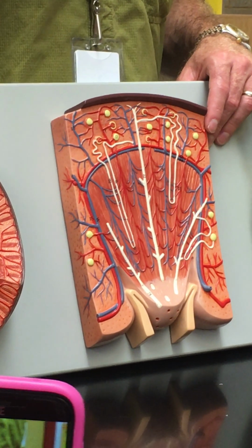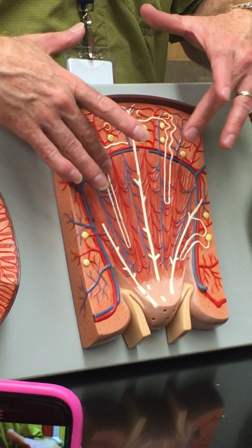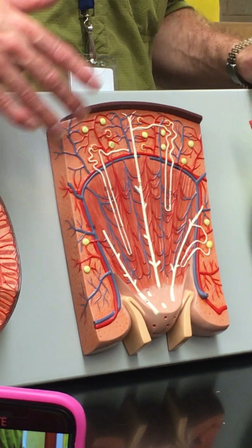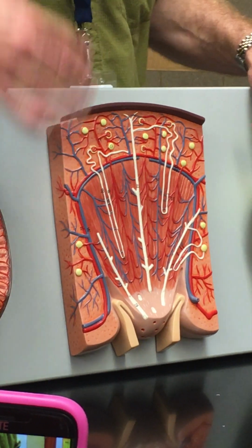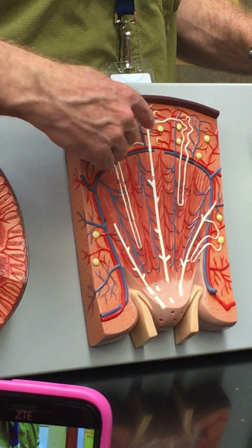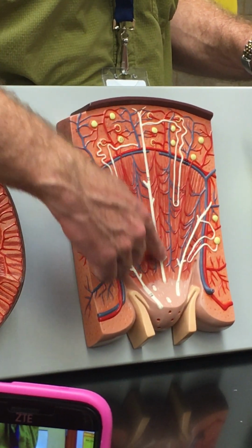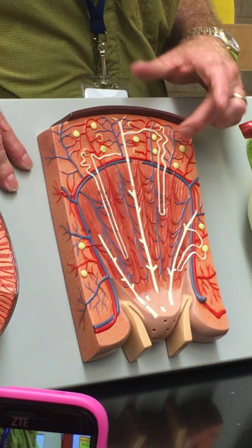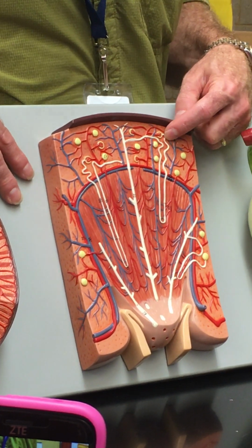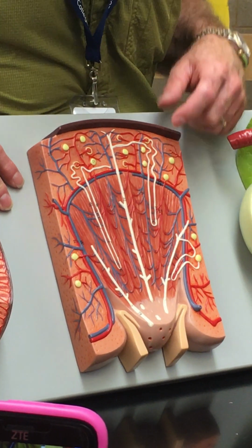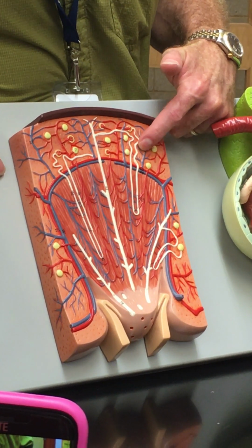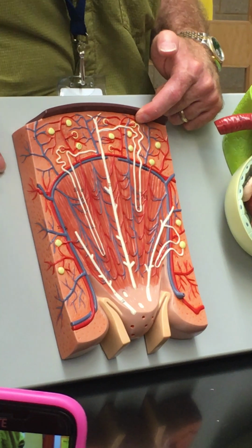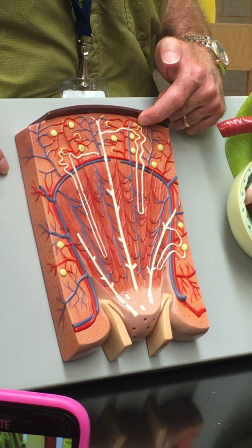Now, in addition to those two distinctions, I could ask a few other questions. And I'm just going to name some of the structures. This is a collecting duct. If I look carefully at this cortical nephron, this would be the proximal convoluted tubule because it's the piece that's connected to the capsule.